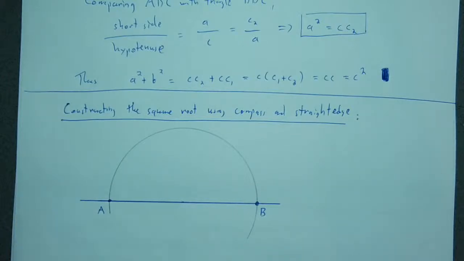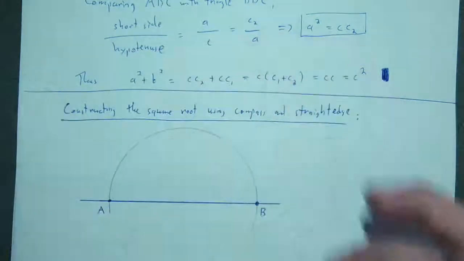This is not how you would actually go about constructing it. How you go about constructing it is I just draw in a line segment AB, and then what would I do here? So drawing in line segment AB, if I want to construct the square root of say a line segment L, then what I do is the following. Maybe I shouldn't have even labeled these AB to show you what it is that I'm going to do. But I'm going to draw in this picture anyway.